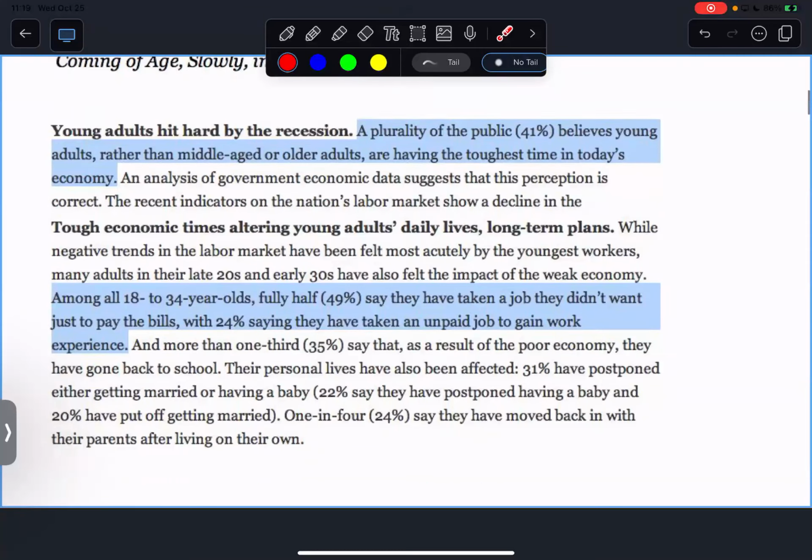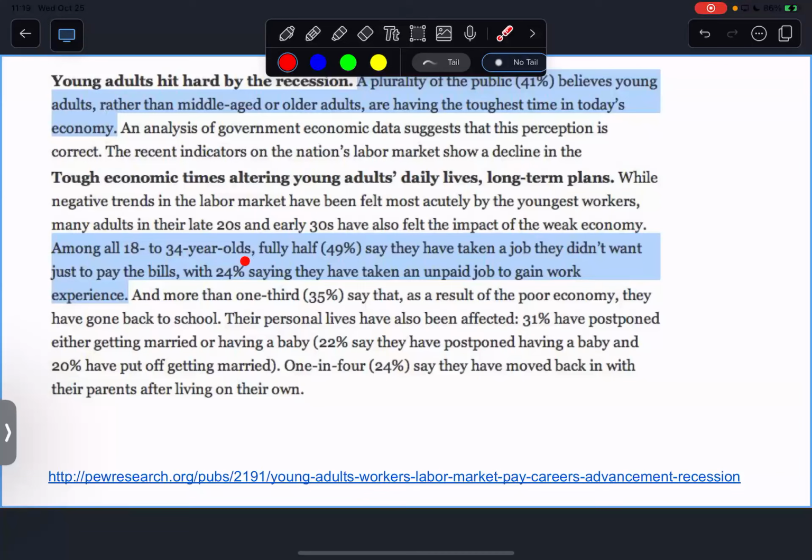And then here's where we get into some statistics, measurements from the sample. Among all 18 to 34-year-olds, fully half, that bothers me because it's not fully half, 49%. Say that they've taken a job they didn't want just to pay the bills, with 24% saying they've taken an unpaid job to gain work experience.